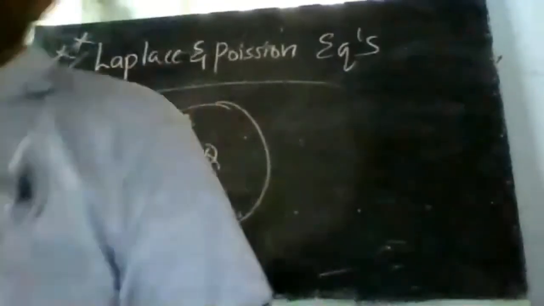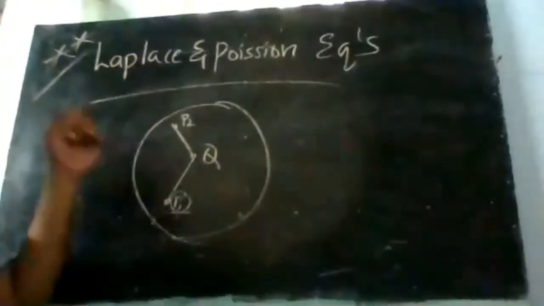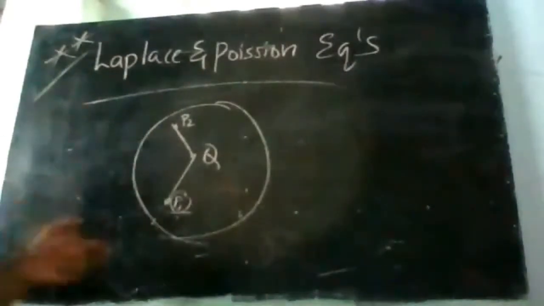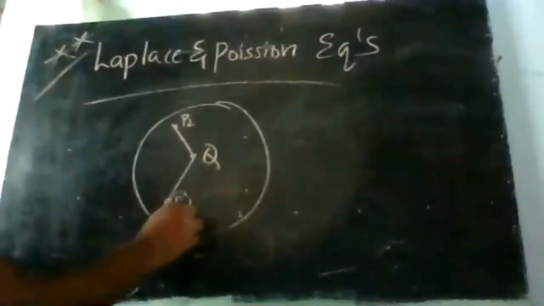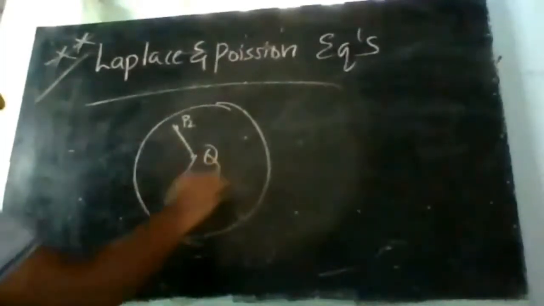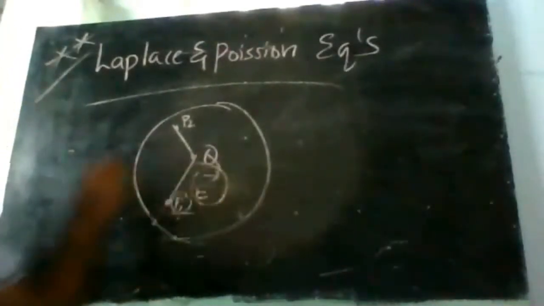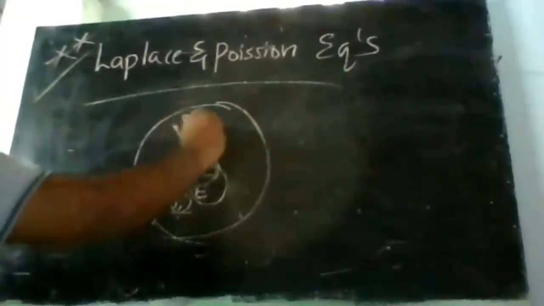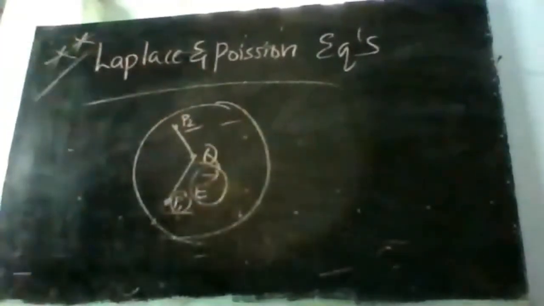For each point, I have to take the charge Q, measure the distance from it, and do this. If I know the value of electric field at a particular point, it is not possible to calculate the electric field at any other point using all the three techniques.